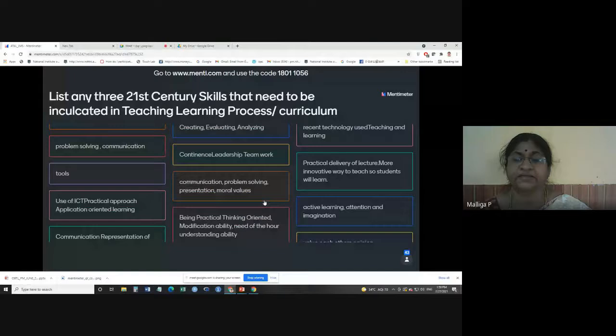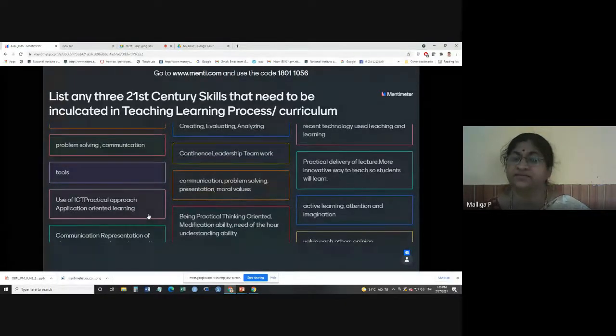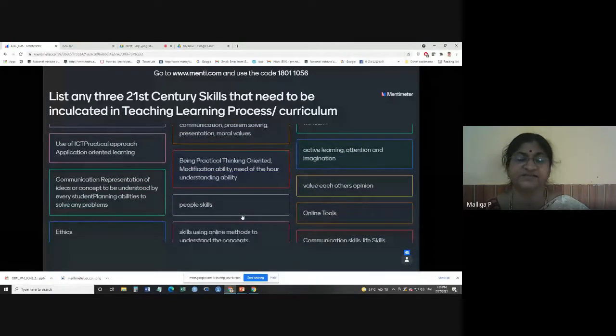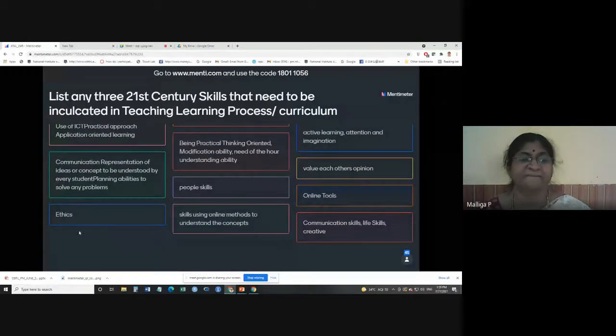Being practical, thinking oriented. Great. Active learning, attention, imagination. Yes. So now from the world of information, we are going to enter into the world of imagination, right? Fine. Ethics, skills using online methods to understand the concept, communication skill, life skill, creative.